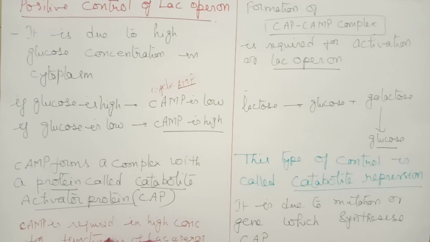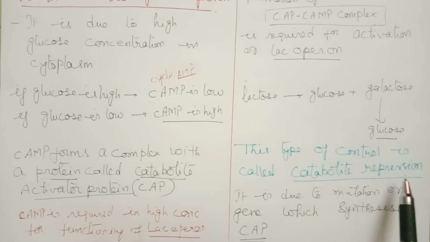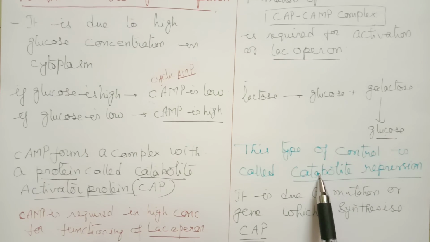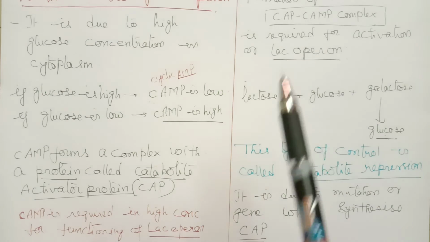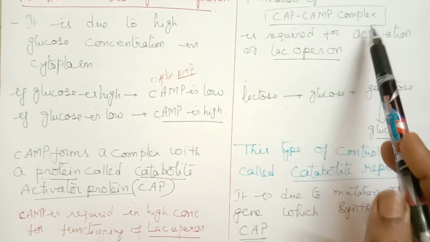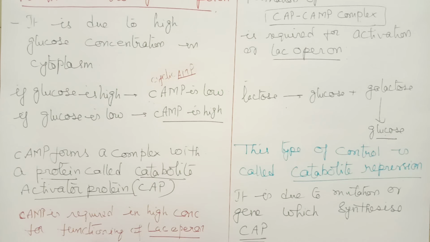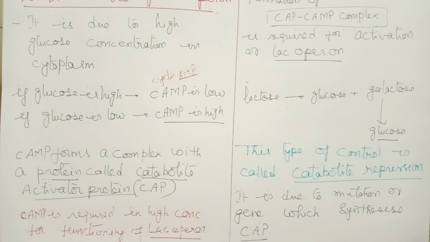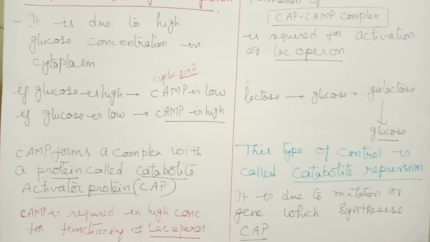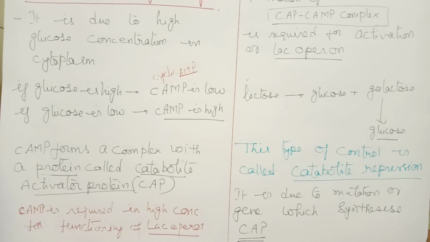And this type of control is also called catabolite repression, explained using this complex, the catabolite activator protein and cyclic AMP complex. And this catabolite repression actually is due to mutation of a gene which can synthesize this protein, catabolite activator protein. So this type of control is called a positive control.